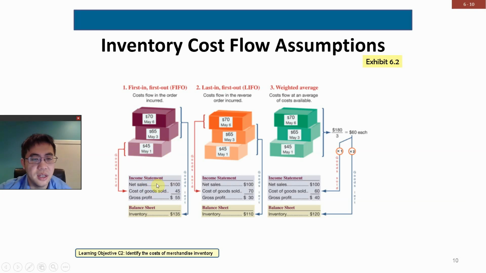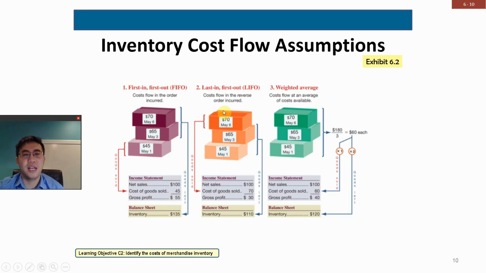If that's the case, then your cost of goods sold will be the cost of May the 1st merchandise. That's $45. And then your gross profit will be $55. And afterwards, your balance of inventory will be $135, which is the merchandise purchased after May the 1st. So that's 65 plus 70. So that's the first in, first out.